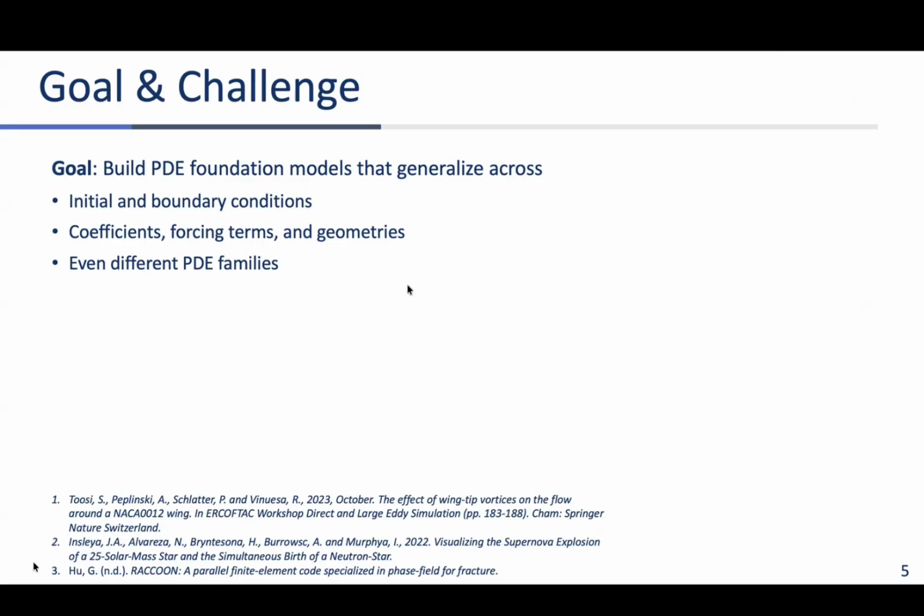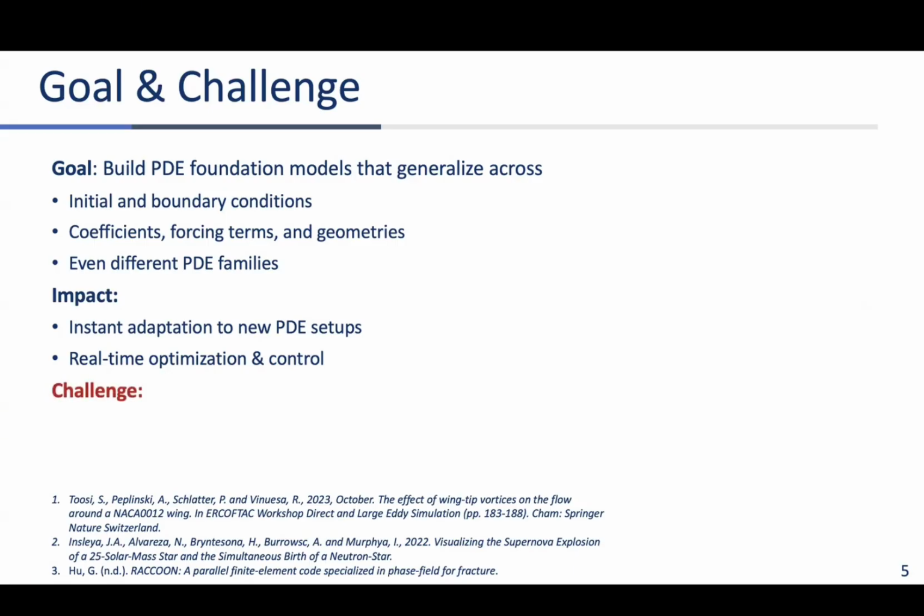If we can do that, then we may see some immediate impacts in the following regimes. For example, the instant adaptation to new PDEs and new problems, or it could enable real-time optimization and control. But if we take this idea seriously, we may see fundamental challenges in data generation and preparation.